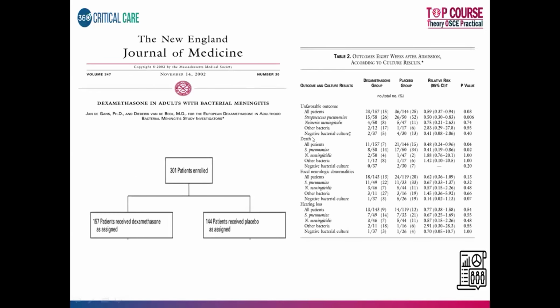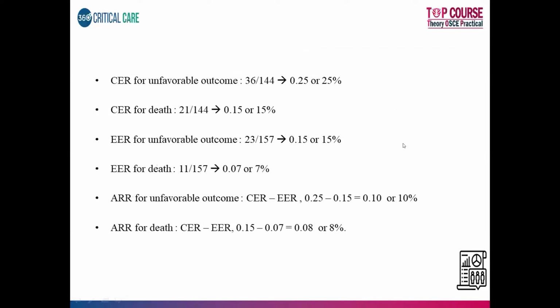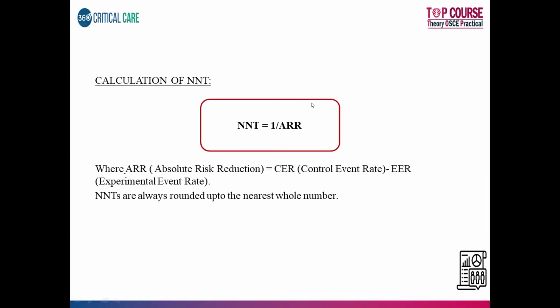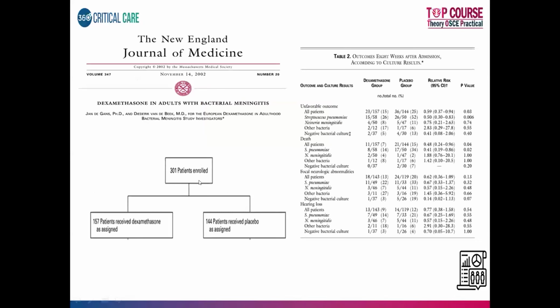Similarly, the CER for death is 21 divided by 144. So that would be 0.25 here, 0.15 here. Now, similarly, we need to calculate the experimental event rate. How do you calculate the experimental event rate?